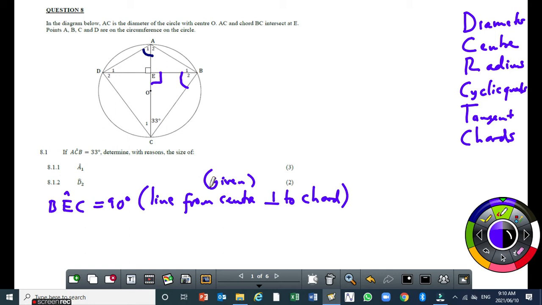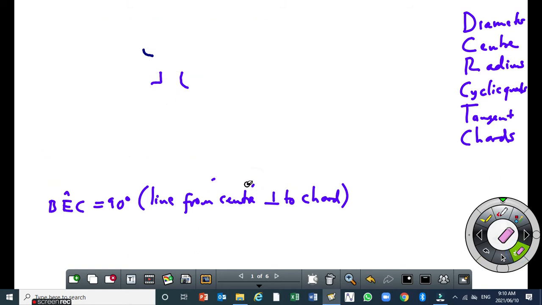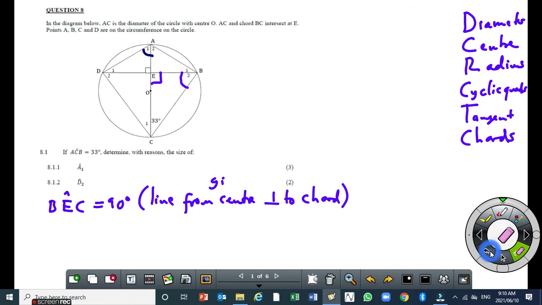But I would prefer to write it this way, to be on the safe side. In actual fact, I'm not supposed to write given here. It's not really given. So if you say vertically opposite, you get the same amount of marks. It's just that the approach will be different.